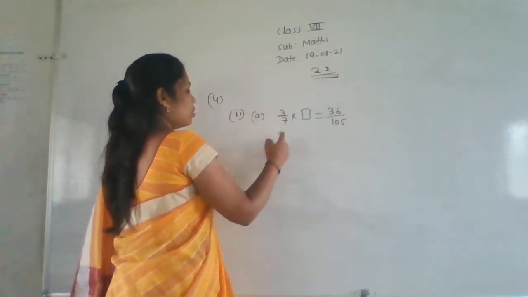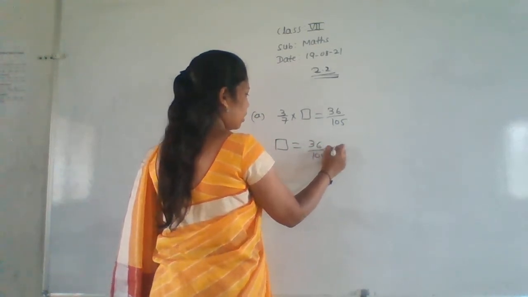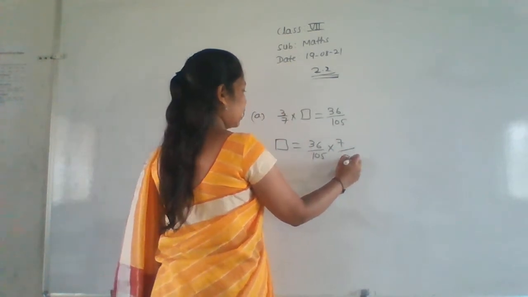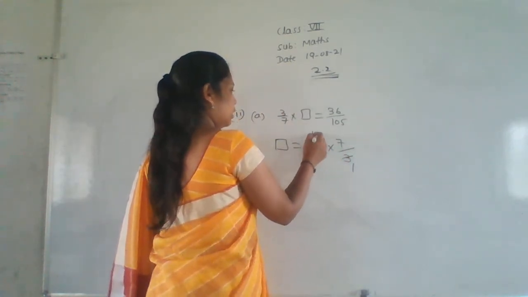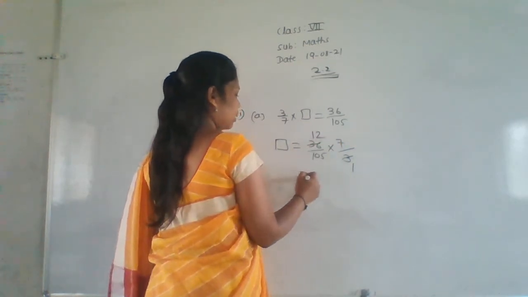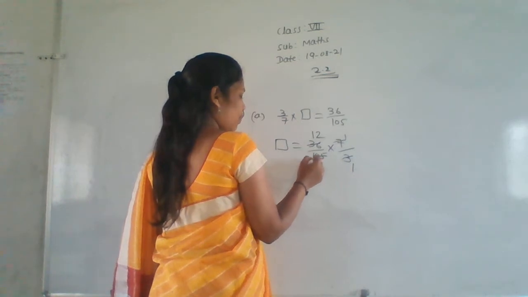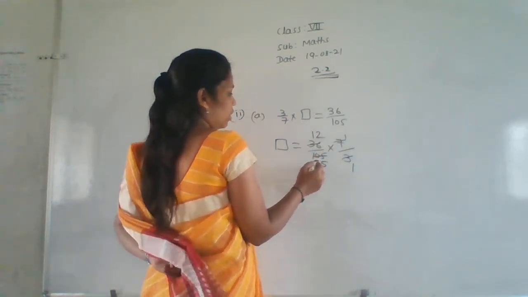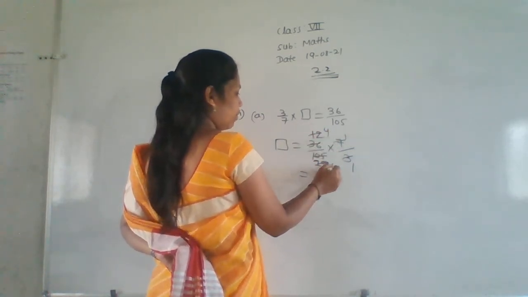So now we want the box: 36 by 105 into 7 will go to the numerator and 3 will come to the denominator. Now cancel the values here. 3 ones are 3, 3 twelves are 36; 7 ones are 7, 7 fifteens are 105. So here 3 fours are 12, 3 fives are 15.